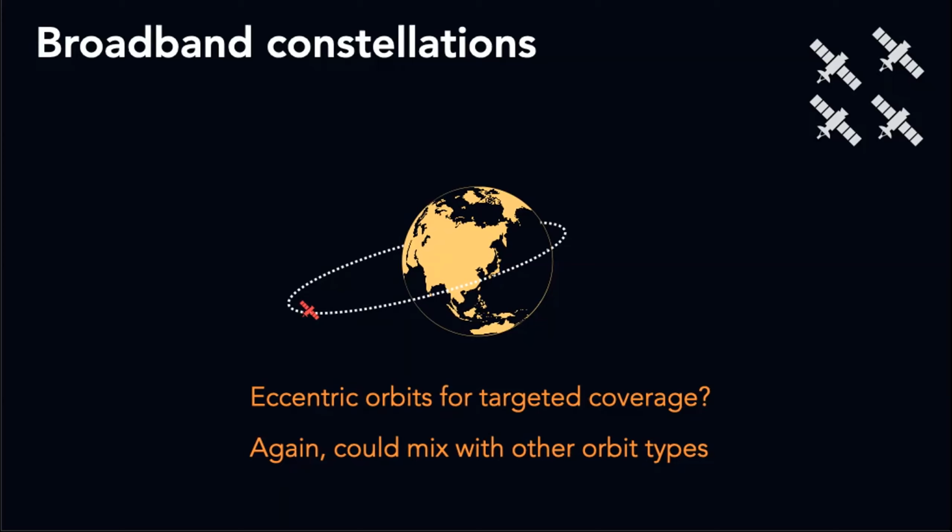A combination of several such satellites and several such eccentric orbits could provide a good mix of low latency and high throughput satellite connections at all times. Again, this type of mixing could enable systems that are efficient for targeted connectivity in a geographic area rather than global connectivity. I should mention that eccentric orbits were used in military communication systems, but I haven't seen explorations of them at large scale for providing broadband to a target geographic region.